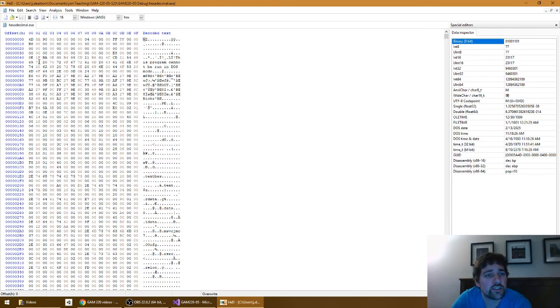So you see 2 different representations of this. You have the hexadecimal values over here in these columns, 00 to 0F, and then decoded text. This column has the same thing but represented as characters, trying to interpret it using the ASCII code.